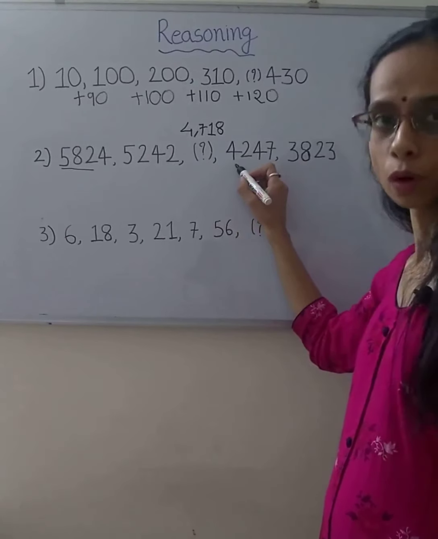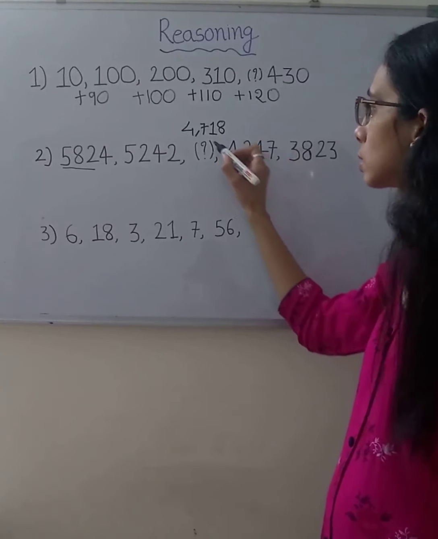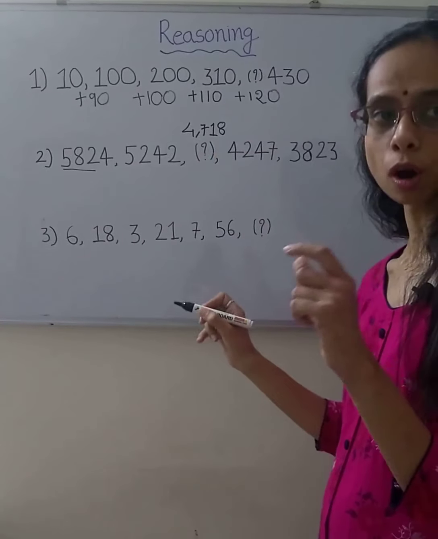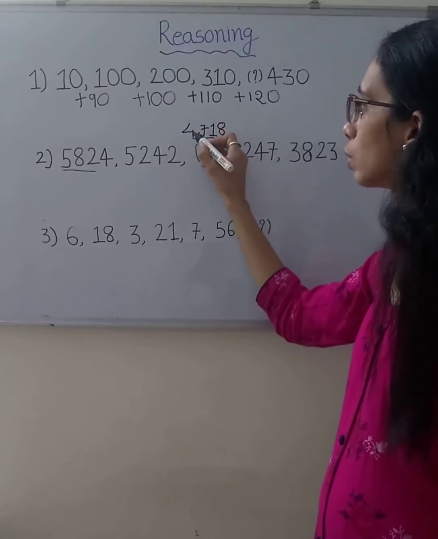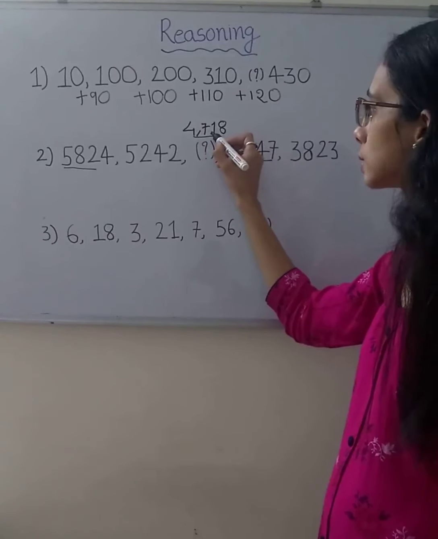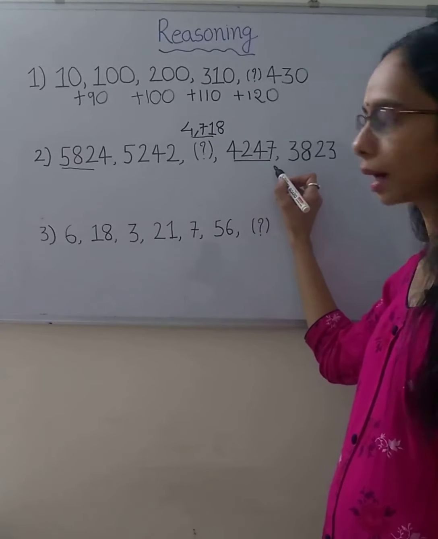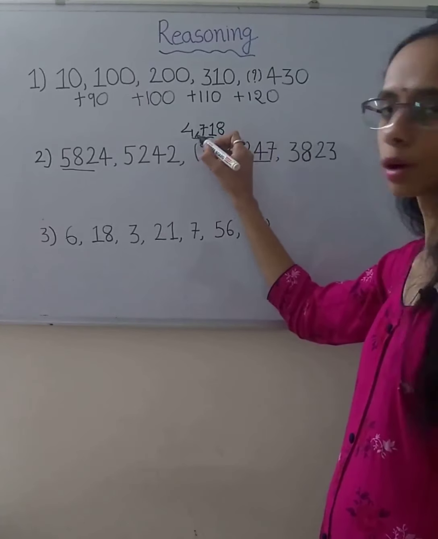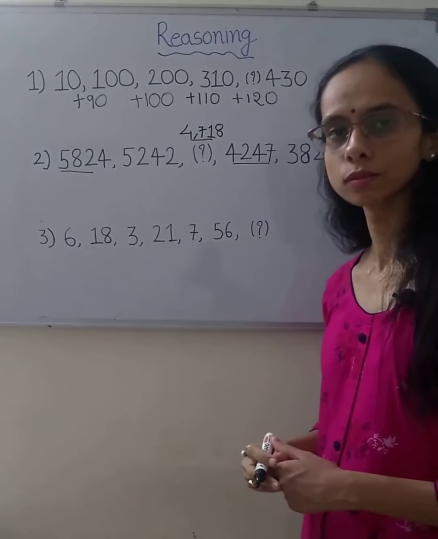We got 4247 by subtracting 471, which is the number formed by the first three digits of the preceding term, 4718. So 4247 is obtained by subtracting 471 from 4718. This is how it is working.